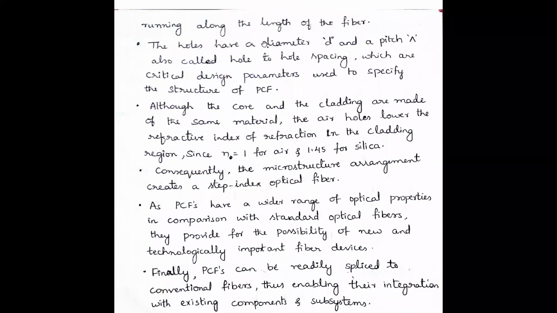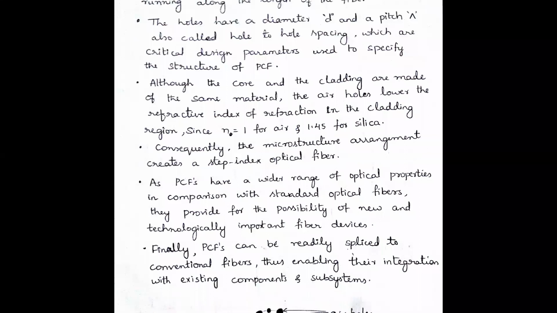You can see here the hole has a diameter d and a pitch, the hole to hole spacing, which are critical design parameters used in specifying the structure of photonic crystal fiber.